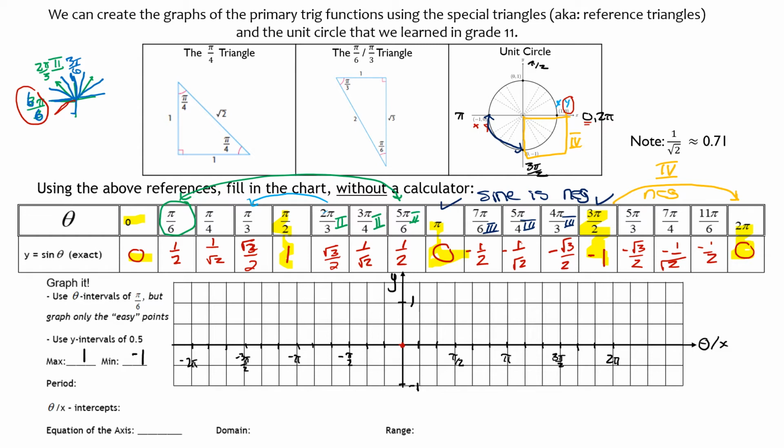But we really only need the maxes, the mins, and the intersection with the equation of the axis. So pi over 2 and 1, I'm putting that one on. Pi and 0, 3 pi over 2 and negative 1, and 2 pi and 0.